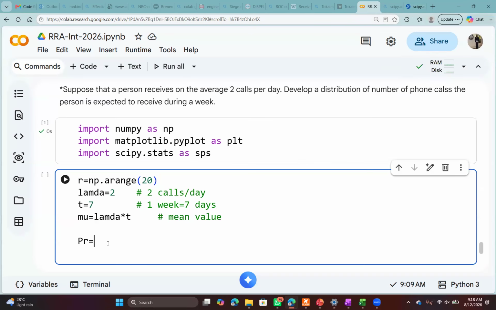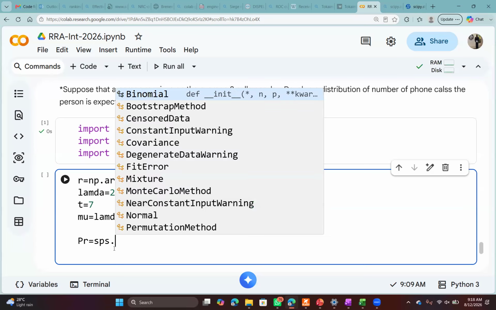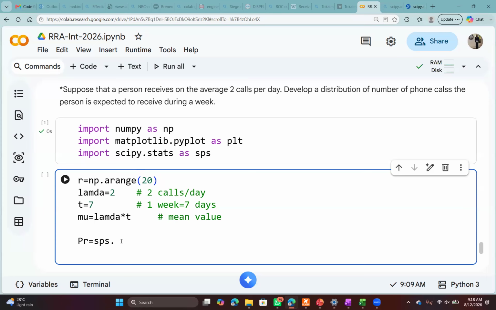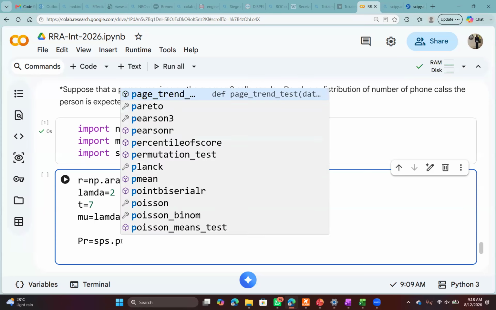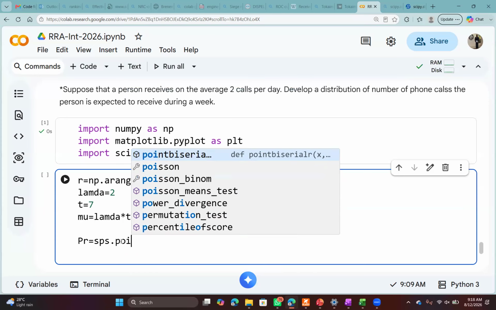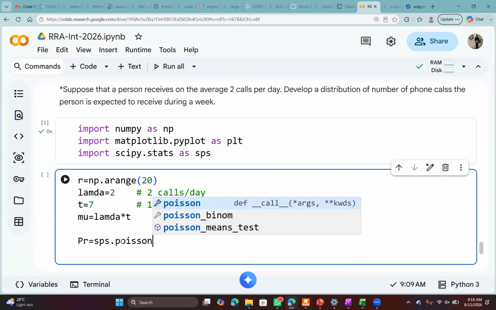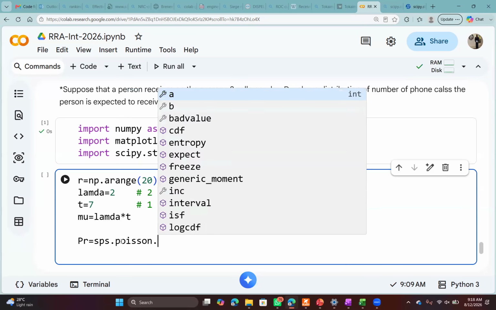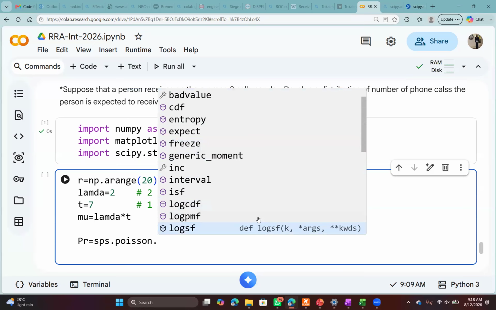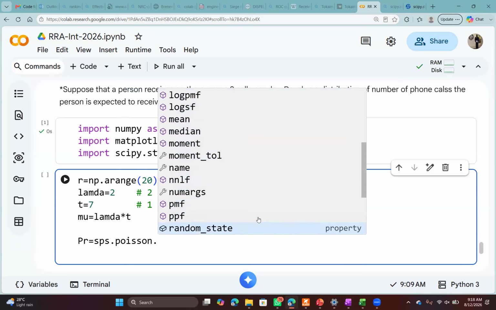So I call SPS, short for scipy.stats, as defined in this problem. So then Poisson. Then I am looking for probability mass function. So yes, PMF function, PMF.